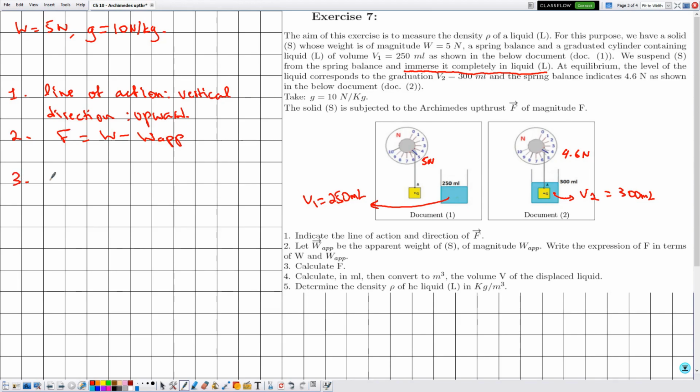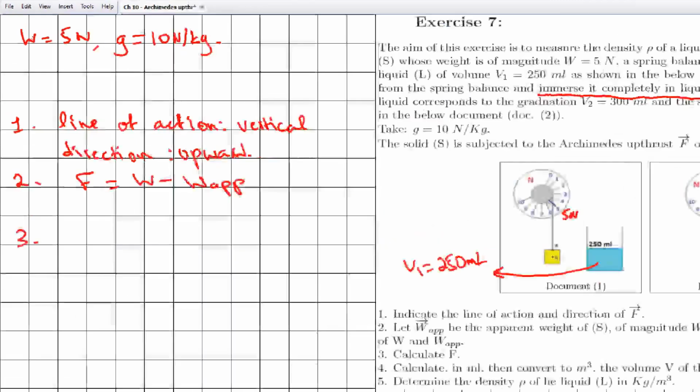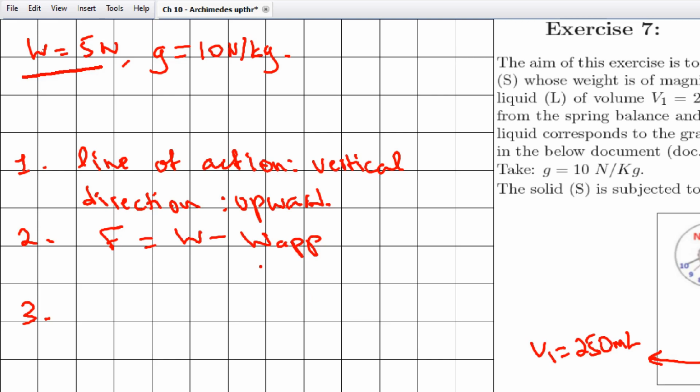Now in number 3, calculate F. We know that the value of W is 5 newtons. Let's justify the value of W apparent.